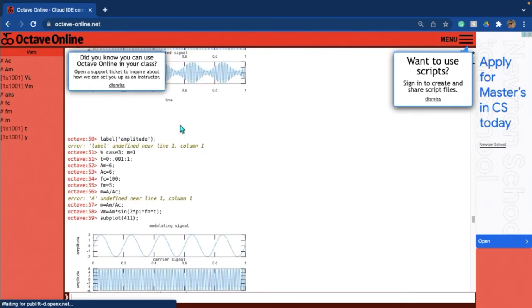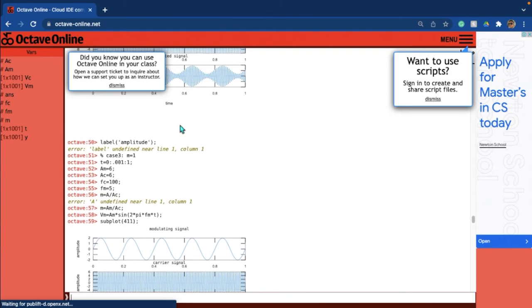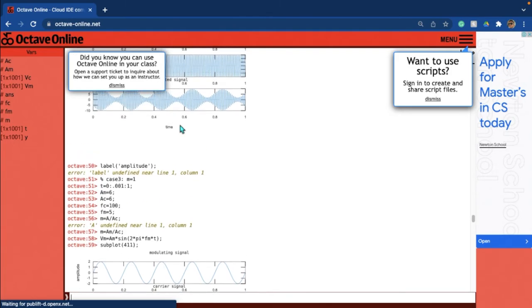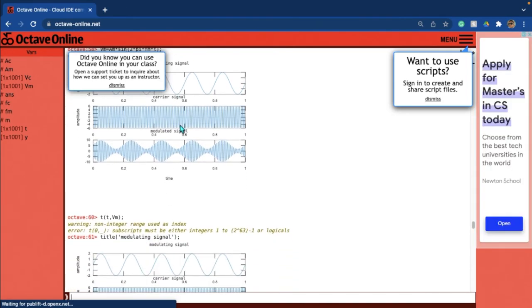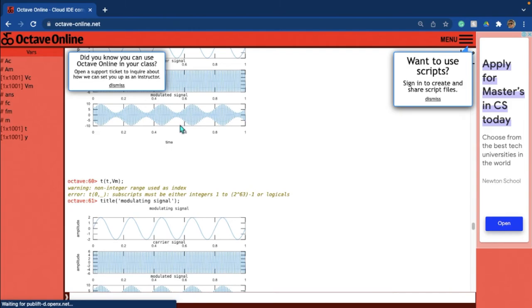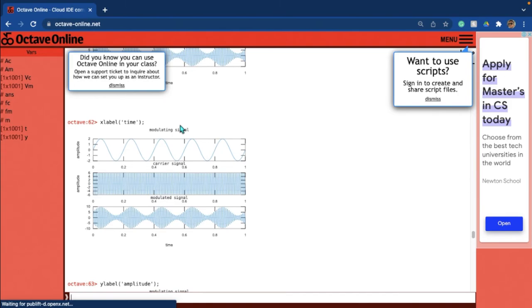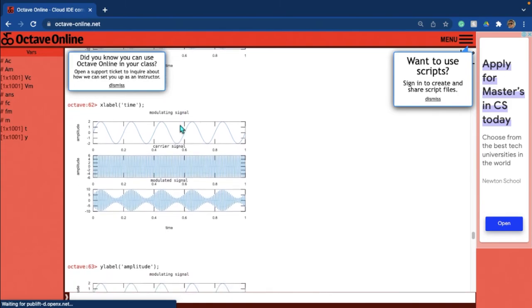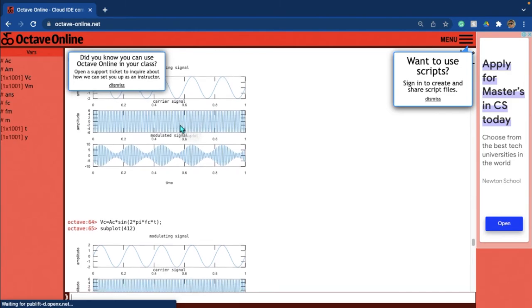So VM is plotted, 2 pi FMT, 411. VM is AM sine 2 pi FMT. Okay, that's right. And modulating signal. Then its X label and Y labels. VC is equal to AC sine 2 pi FCT, 412. Okay.